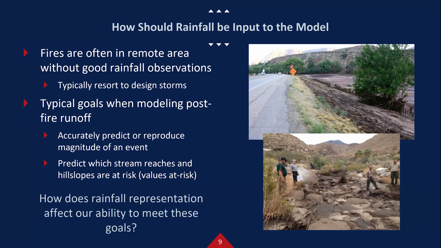Well, that typically puts a lot more water on the watershed than might be observed in a typical thunderstorm or rainfall environment. So the modeling goals are: can we accurately predict or reproduce the magnitude of an event? And can we predict which stream reaches and hill slopes are at risk? So what's the best way to represent the rainfall to meet these goals or objectives?